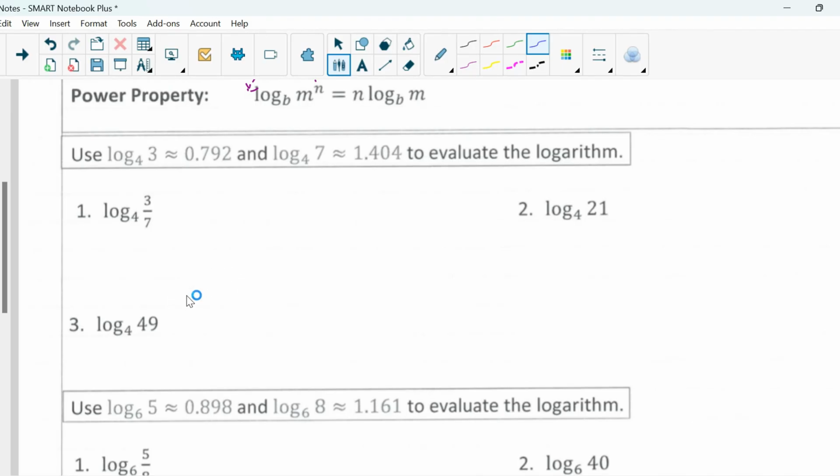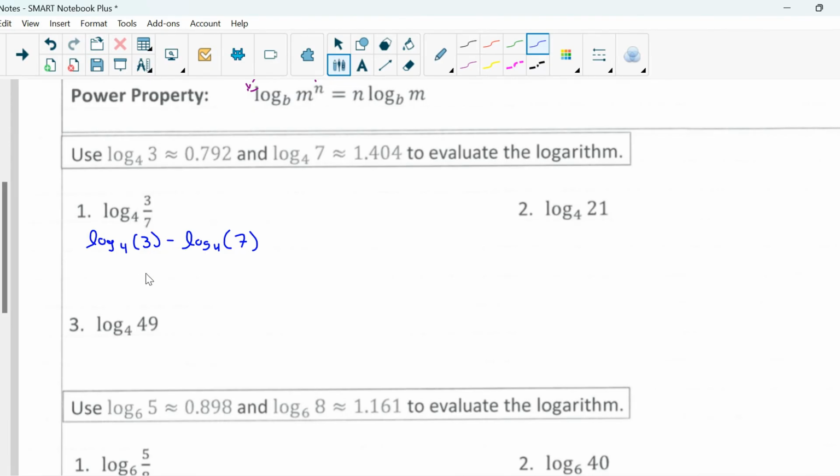So in the first one here, if I'm taking log base 4 of 3 over 7, that's the same as saying log base 4 of 3 minus log base 4 of 7. So the numerator minus the denominator.